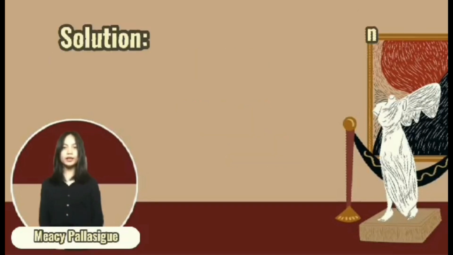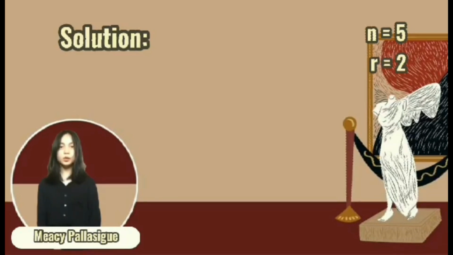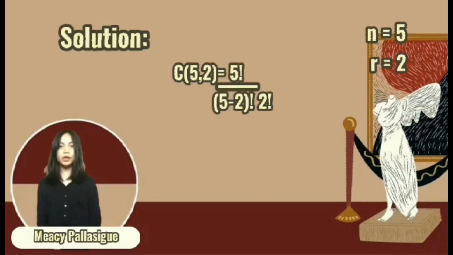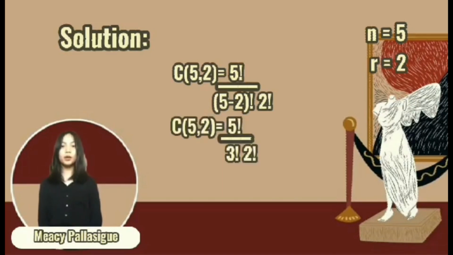We can say that our n is equal to 5 since we have a total of 5 players in basketball, and r is equal to 2 since we are selecting a captain and co-captain of the team. Now we can substitute the given values to the formula. So we have the combination of 5, 2 is equal to 5 factorial all over quantity 5 minus 2 quantity factorial times 2 factorial.